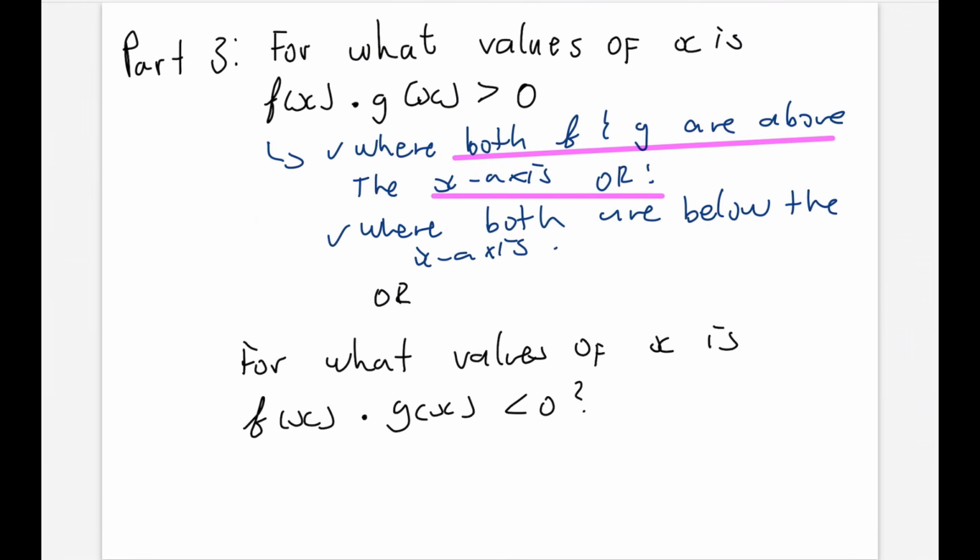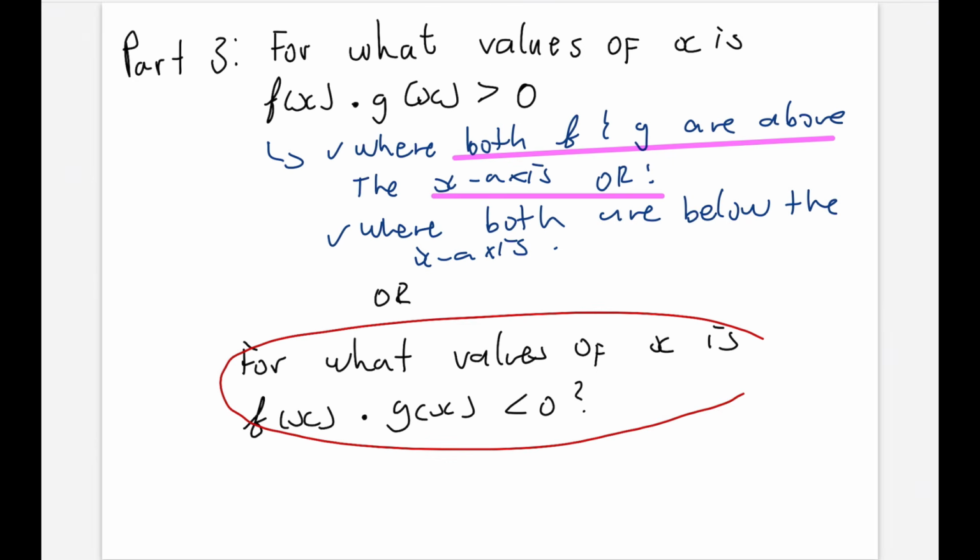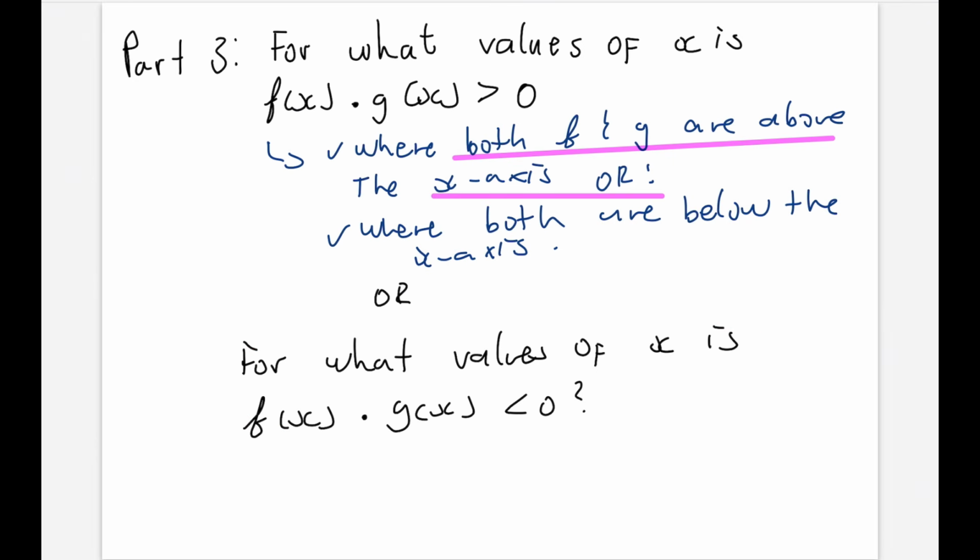This second part says, for what values of x is f of x times g of x less than 0, or negative? The only time in maths that the product, in other words, the multiplication of two things, is negative is when one of them is positive and the other is negative. Plus times minus gives us less than 0, gives us a negative.